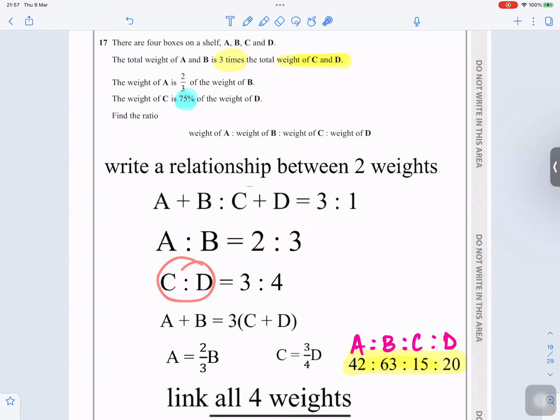C is to D is 3:4. So A plus B is equal to 3 times C plus D. Since A is 2/3B and C is 3/4D, linking all 4 weights, we'll get 42, 63, 15, and 20.